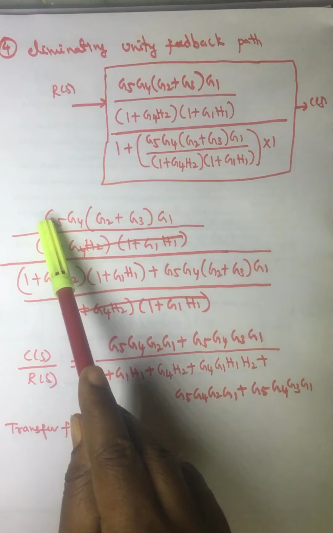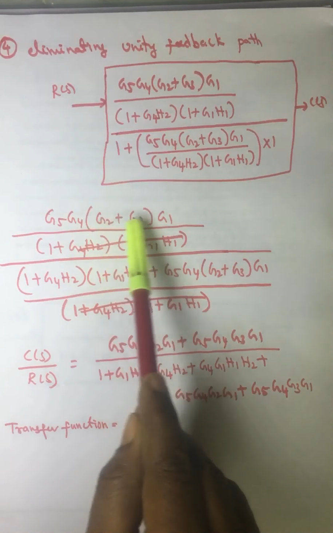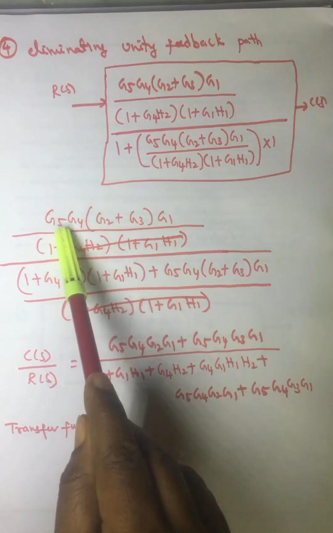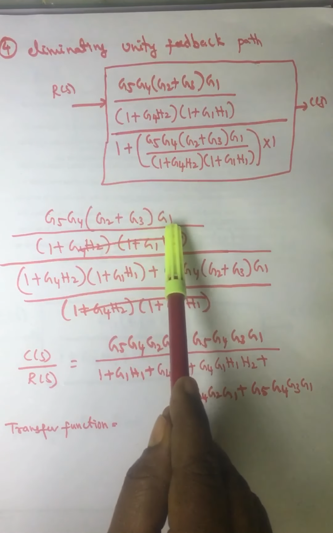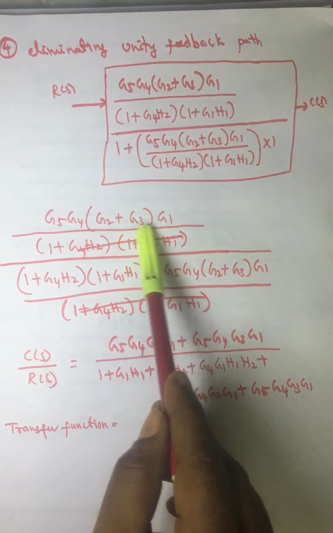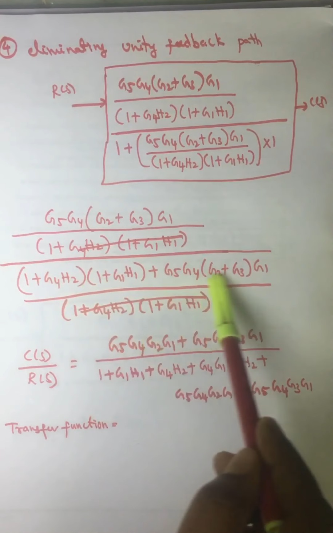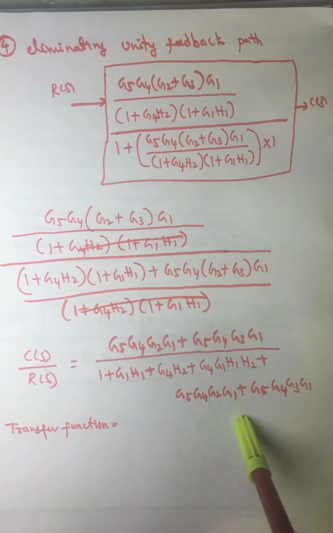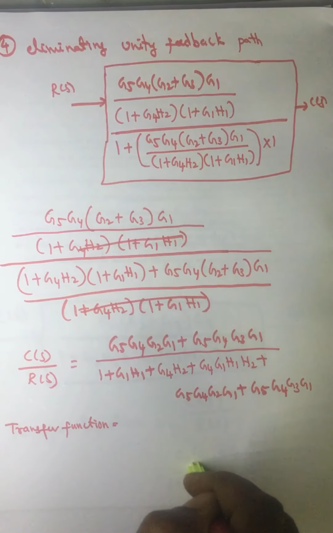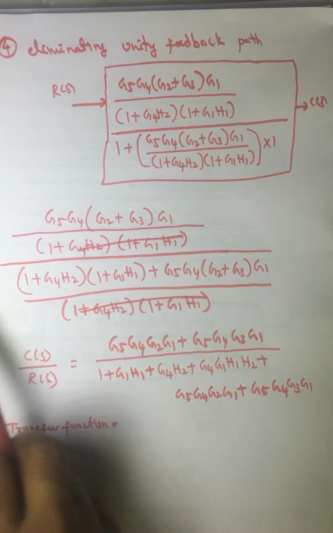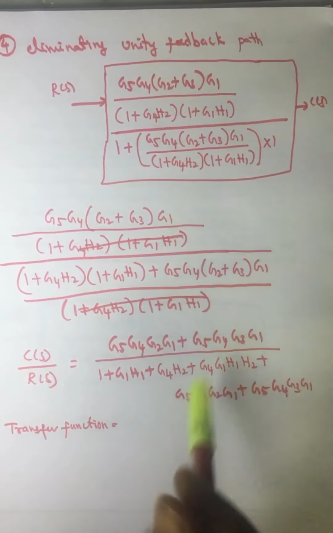So what you get is G5 G4 G2 G1 plus G5 G4 G3 G1. We just multiply and elaborate it, and in the denominator also we multiply each and every term, so that we get the gain. This is called the transfer function of the closed loop system. Okay, so thank you.